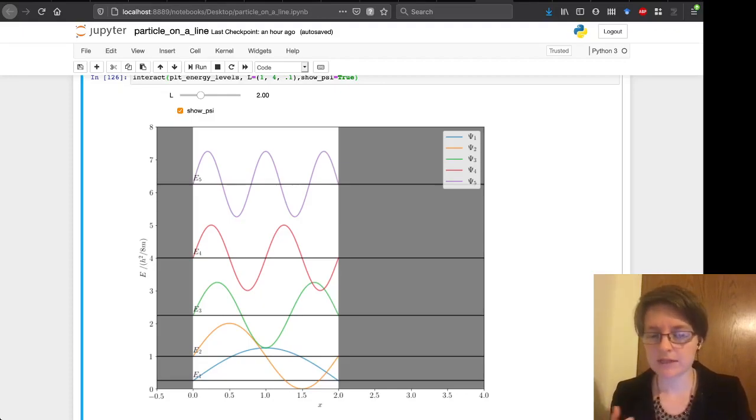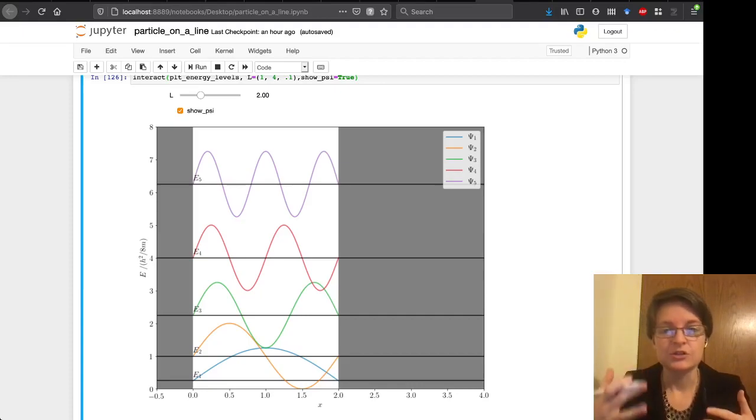But I bring this up as a cautionary tale because for me as a student, it was tempting to look at one of these diagrams where you got wave functions superimposed over energies and assume that, for instance, for E sub 5, that somehow this energy can range between 5 and change and a little over 7. And that's really not the case. This is just trying to superimpose information about the wave function over an energy level diagram.